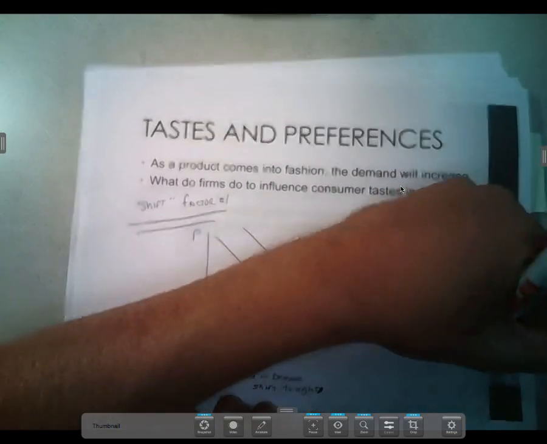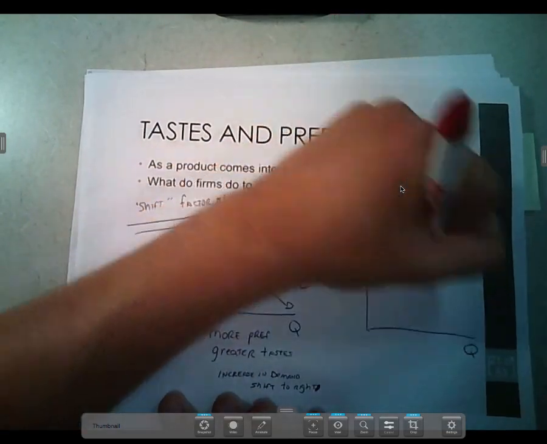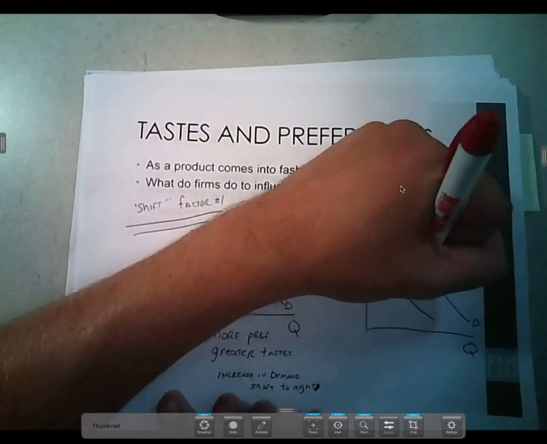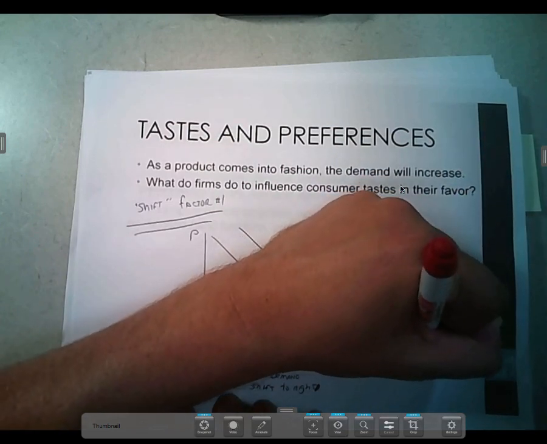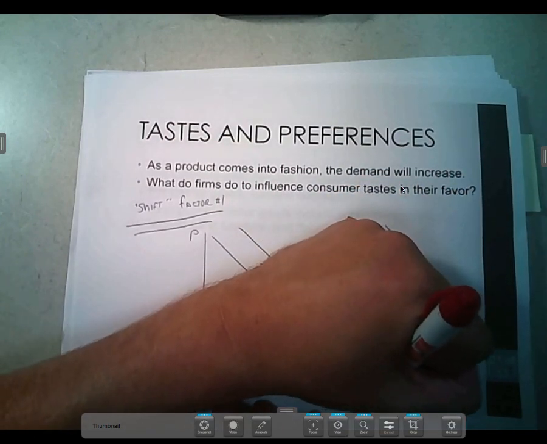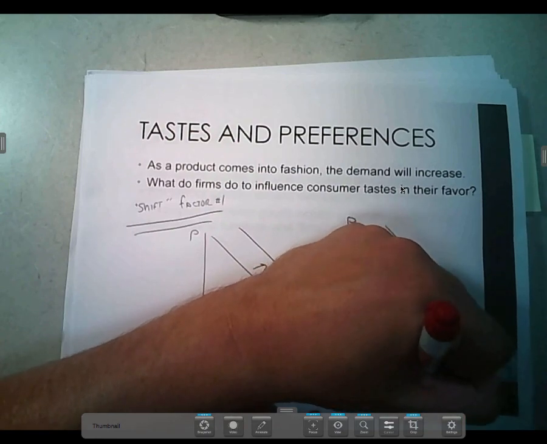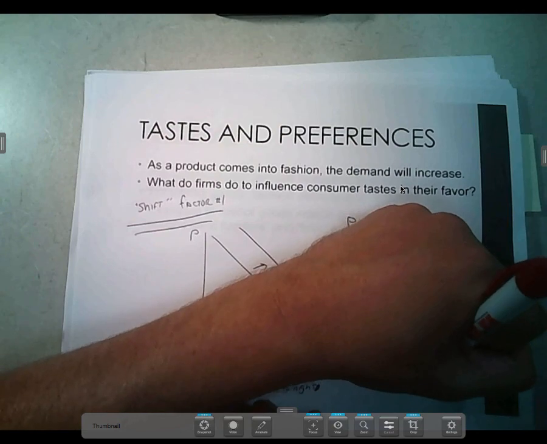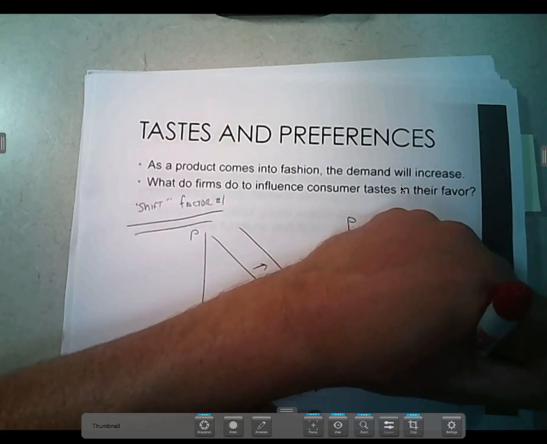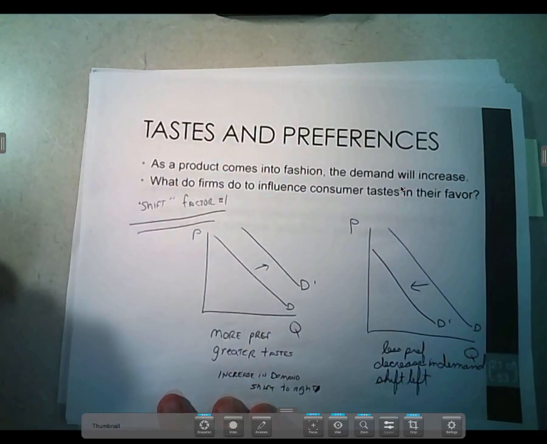Or I could have my demand curve shift to the left, where I have a decrease in demand, or a shift to the left of the curve.